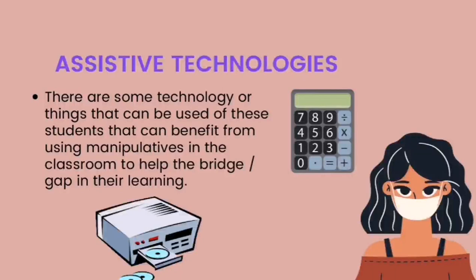Okay, so let's move forward to assistive technologies, where these technologies help the disabled student keep up in their academic performance or in the daily things that they do in their lives. There are some technologies that these students can benefit from, like using manipulatives in the classroom to help them bridge the gap in their learning, just like what I said before.